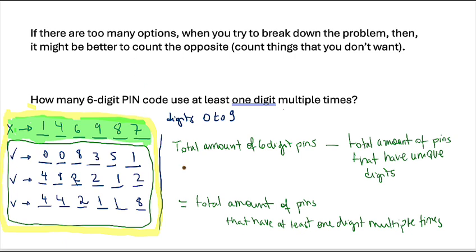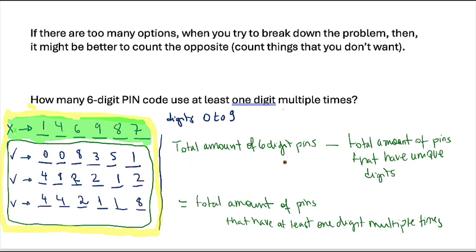If I'm in front of my door, setting up the pins, I would have to decide what digit to put in the first position, what digit I could use for the second number, what digit I could use for the third number, fourth number, fifth number, and sixth number. So I can pose this problem like this.